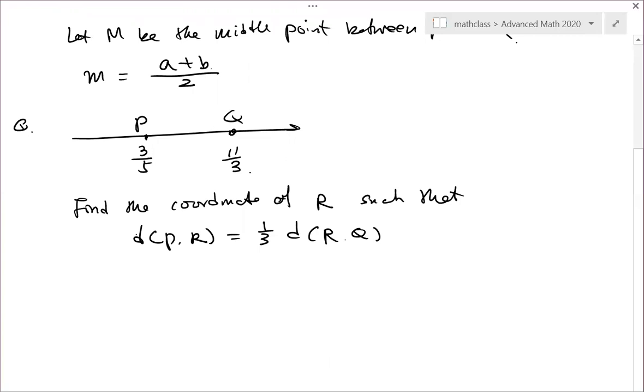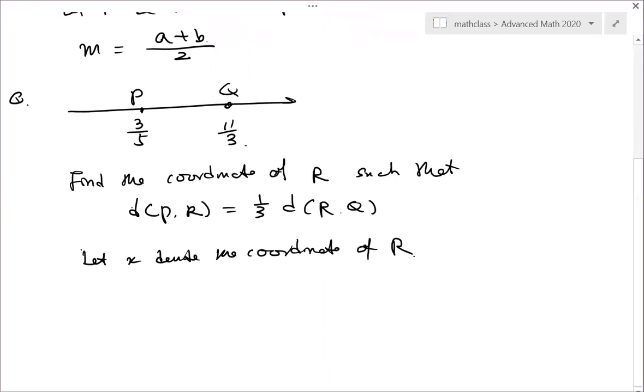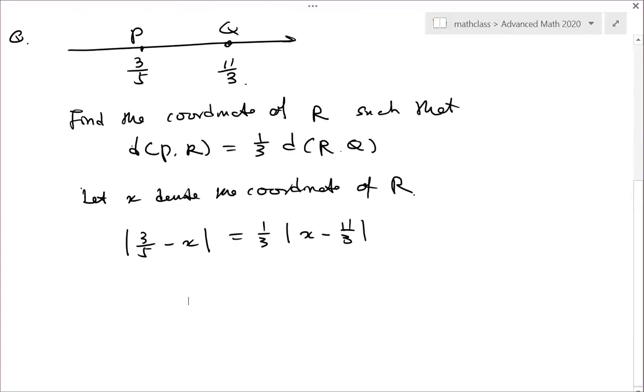The coordinate of R is going to be denoted by X. The distance between P and R is 3/5 minus X in absolute value, and that should equal 1/3 of the distance between R and Q, which is X minus 11/3 in absolute value. So the question is, how do you solve this type of equation?